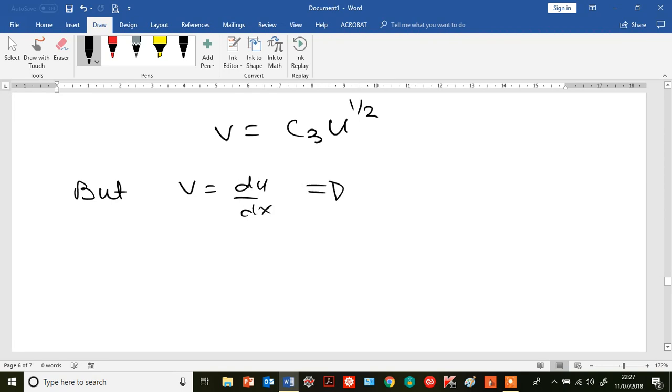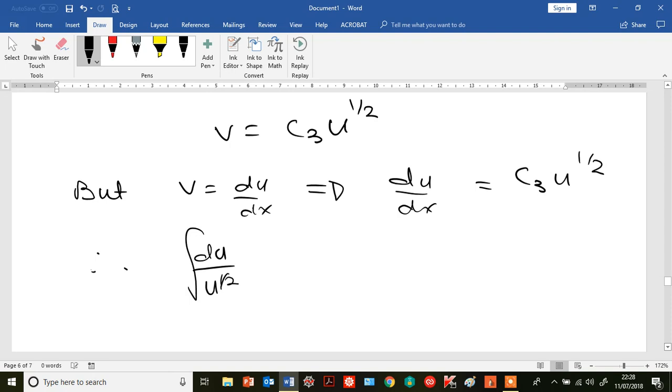So this implies that du by dx equals C3 u to the half. Okay. Therefore, separating the variables again, we've got the integral of du over u to the half equals C3 times dx, right?